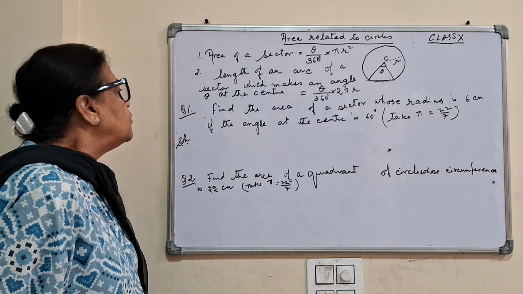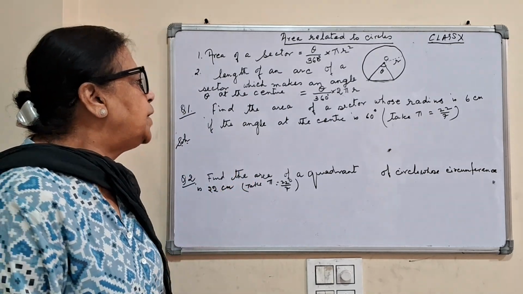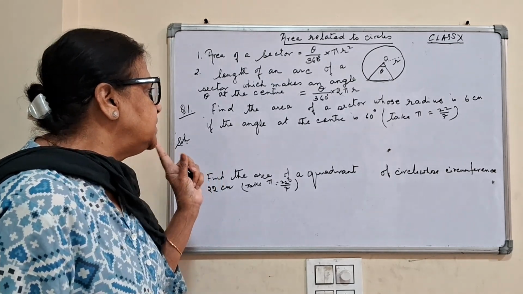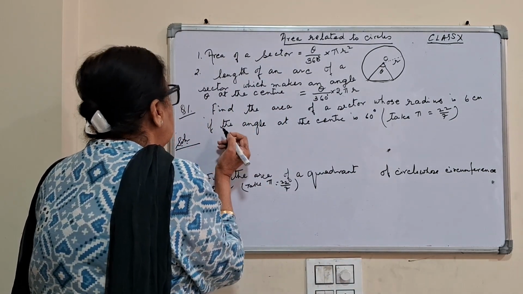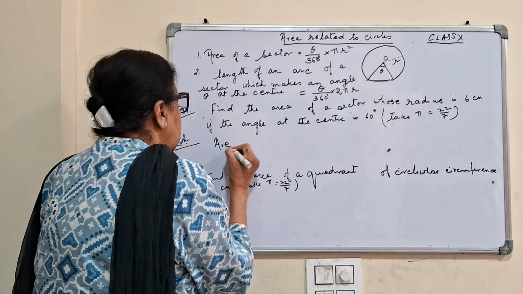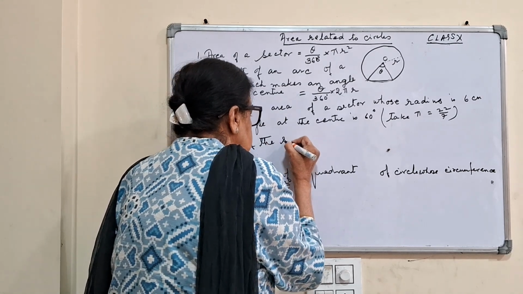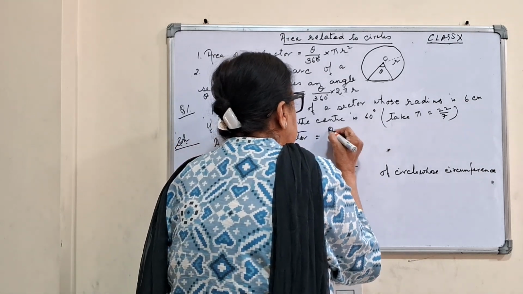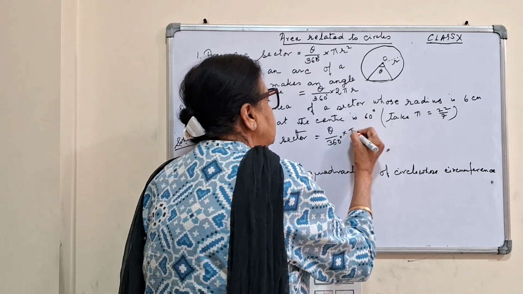Okay. Now, find the area of a sector whose radius is 6 centimeter. If the angle at the center is 60 degree, so how will you write? Therefore area of the sector is equal to, we know the formula, theta by 360 into pi r square.